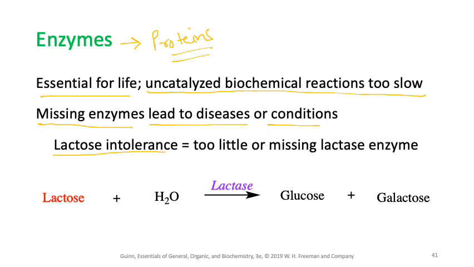That means the enzyme that converts lactose to glucose and galactose is not present in the body of the person that has lactose intolerance. So what's the enzyme that does this conversion? Lactase. So that means that person doesn't have the lactase enzyme, so it takes a very long time, or they won't even digest or degrade this lactose in the body. So that's why enzymes are very important.